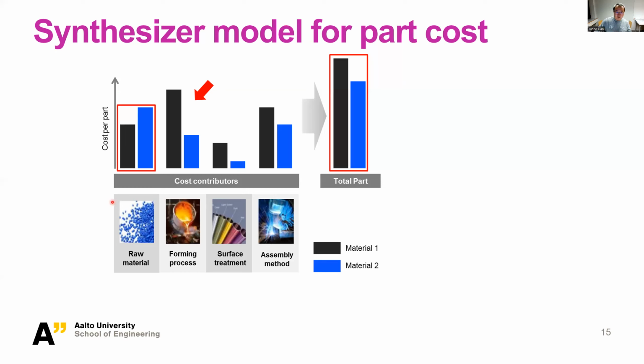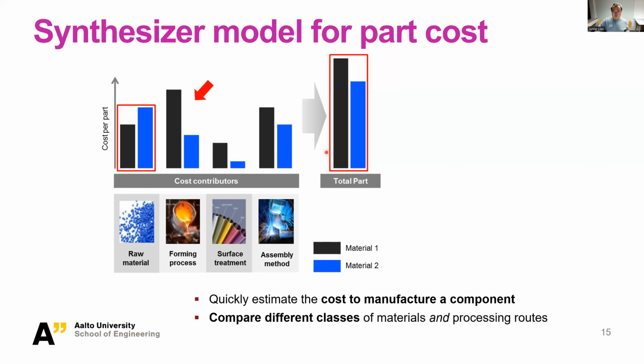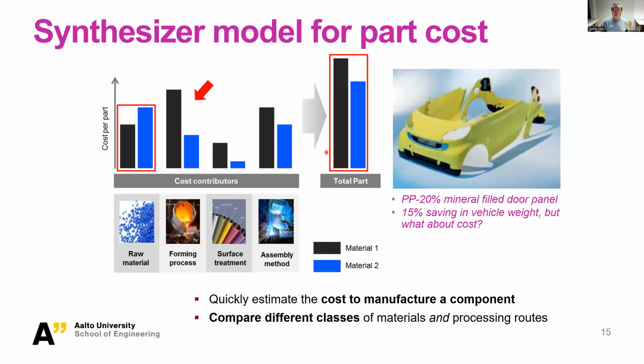So if you just look at the constitutions here, if we go with material A and material B, imagine your material A is, let's say, a pure aluminum alloy or pure carbon steel that we have.